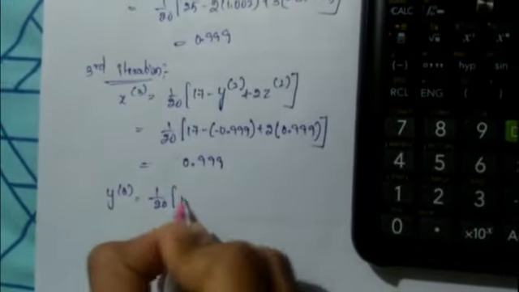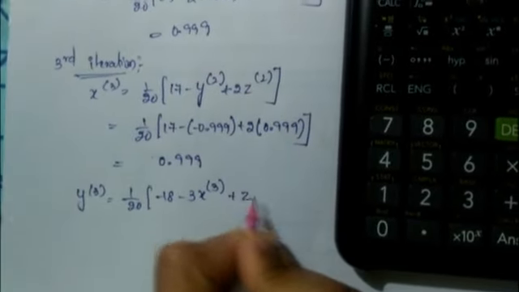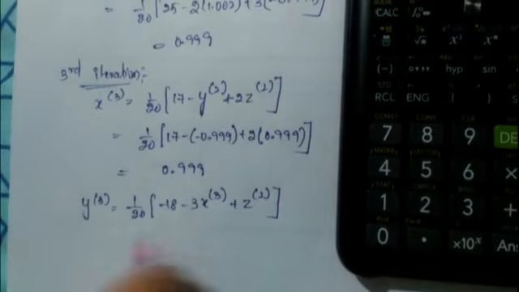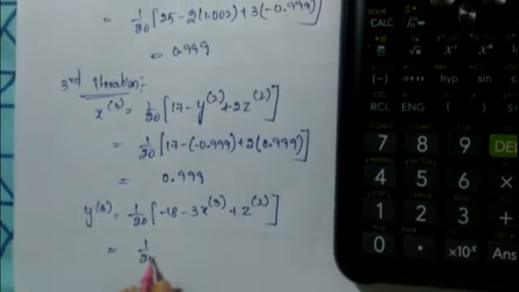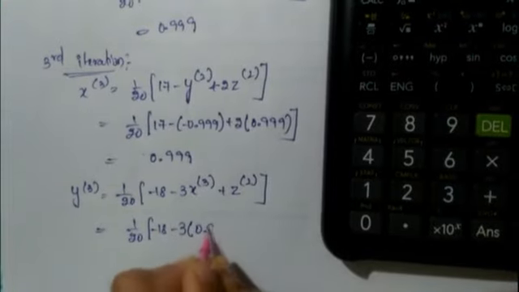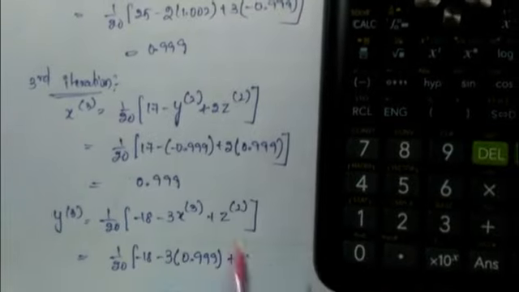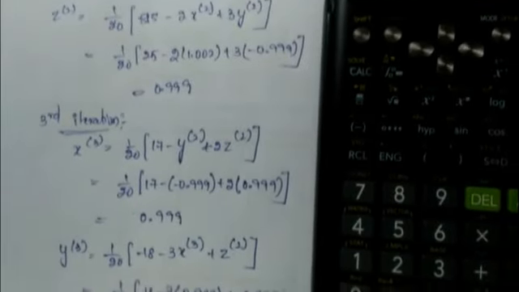1 by 20 of minus 18 minus 3 into x of 3 plus z of 2. Then that is equal to 1 by 20 of minus 18 minus 3 into x of 3, we got the value as 0.999, plus z of 2, we got the value as 0.999.